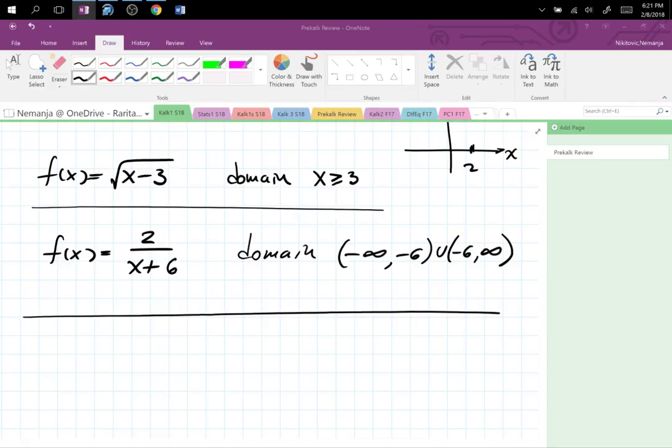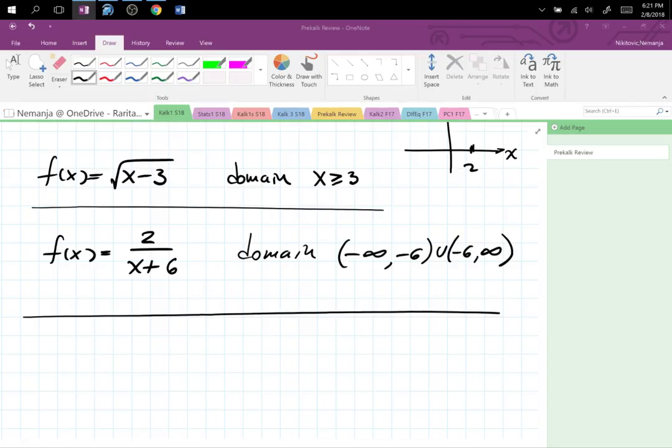So now we can add, subtract, multiply, divide functions. We can square them, and square root the function, do all of those cool things. And then you can also do function composition, which is one of the most important things that you must know for this class, otherwise you're doomed.